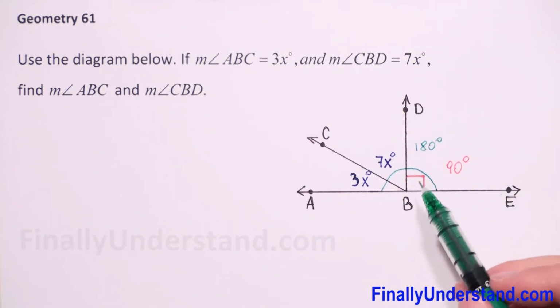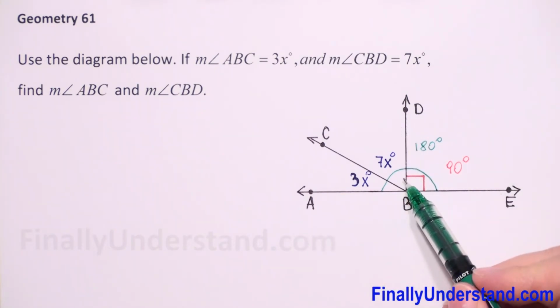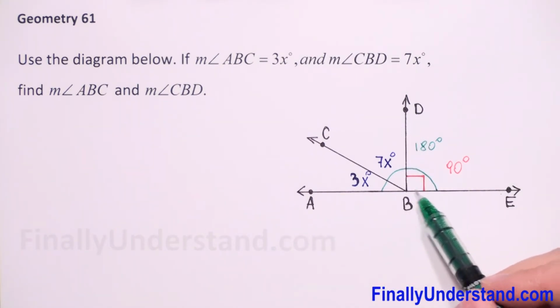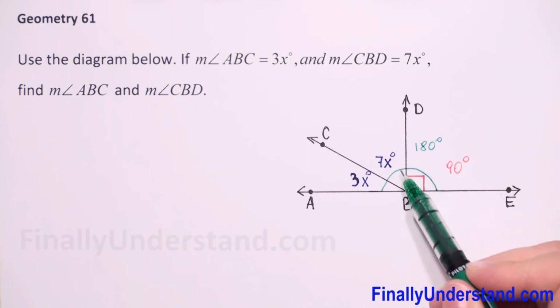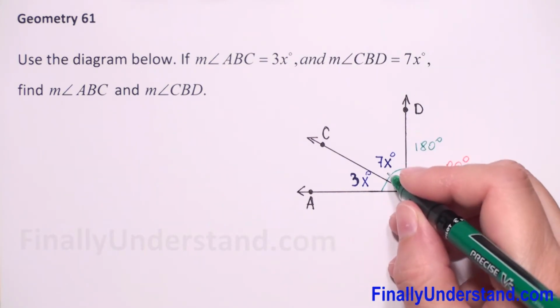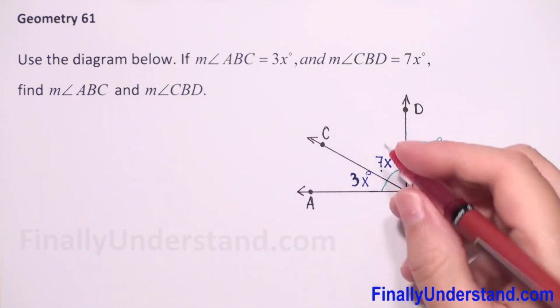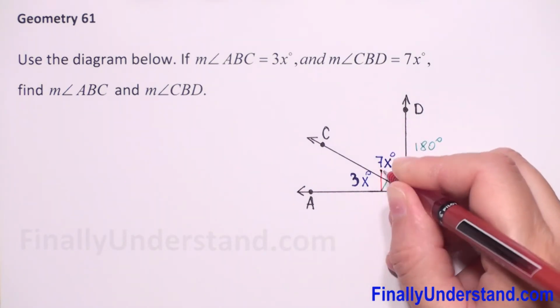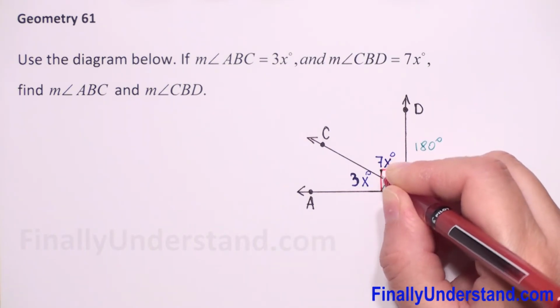So it means that angle ABD is a right angle, because we have 180 minus 90, which gives us that angle ABD is a right angle too. So we can write that this is 90 degrees too.